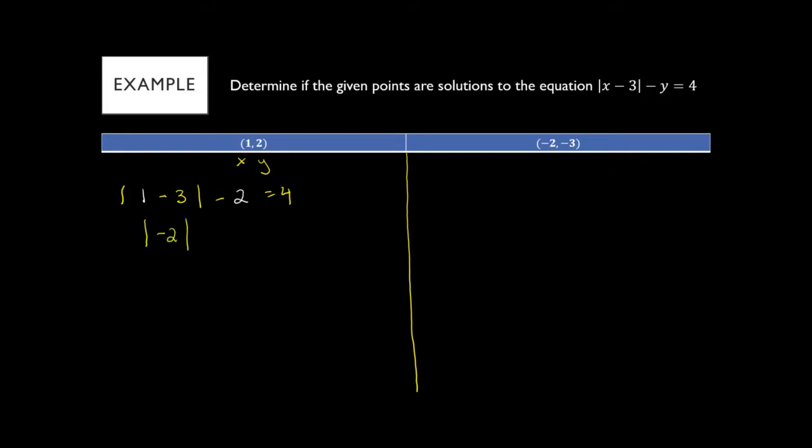So I have the absolute value of negative 2, minus 2, equals 4. Now the absolute value makes things positive, so the absolute value of negative 2 becomes a positive 2. So 2 minus 2 equals 4, and 2 minus 2 is 0. So we get 0 equals 4. That is false. That is not true, and this tells us it is not a solution, because that ordered pair doesn't work in that equation.